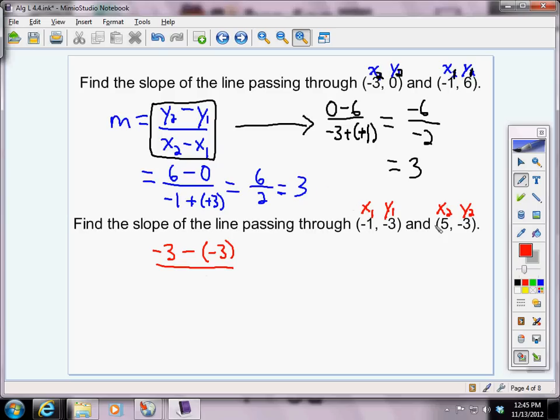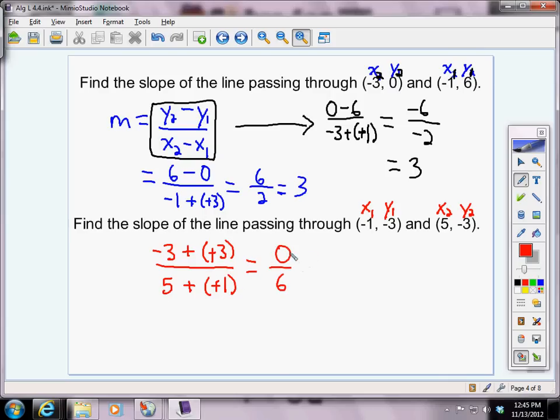And then we have our x2, which is 5, minus our x1, which is a negative 1. Now watch what happens in this problem. Again, minus negative, so let's go keep, change, change, keep, change, change. Negative 3 plus 3 is 0 over 5 plus 1, which is 6.